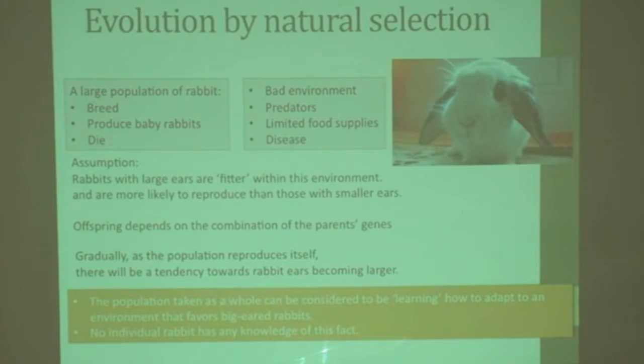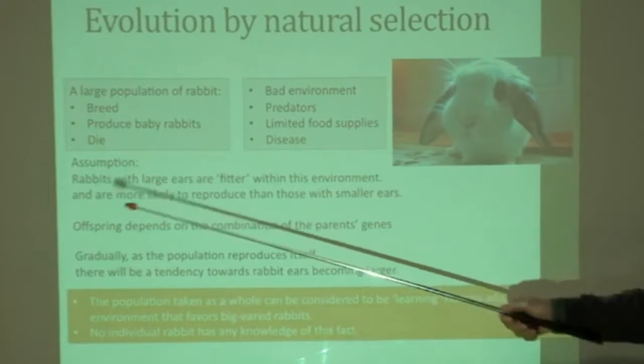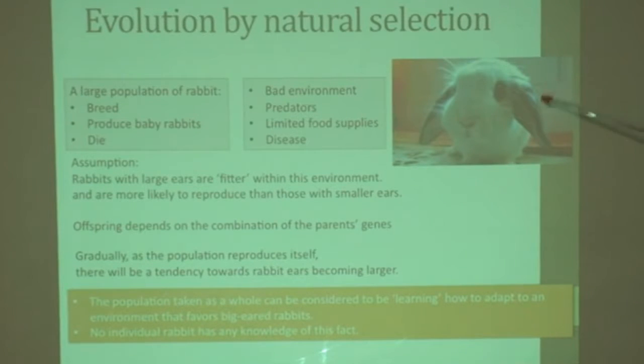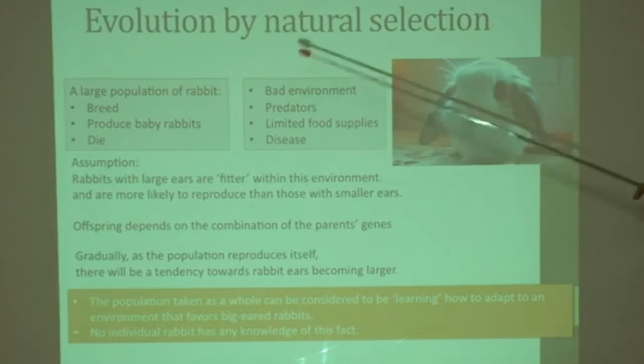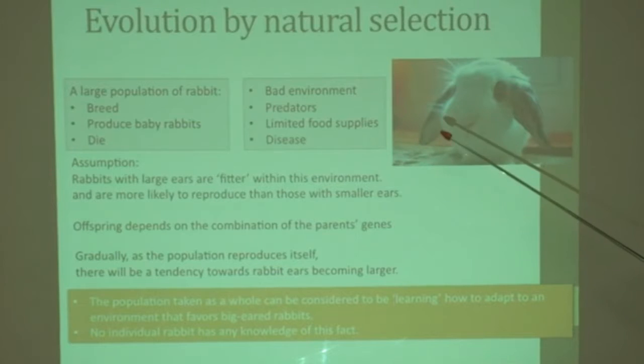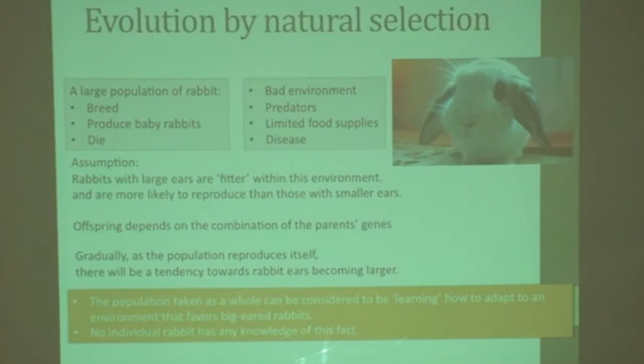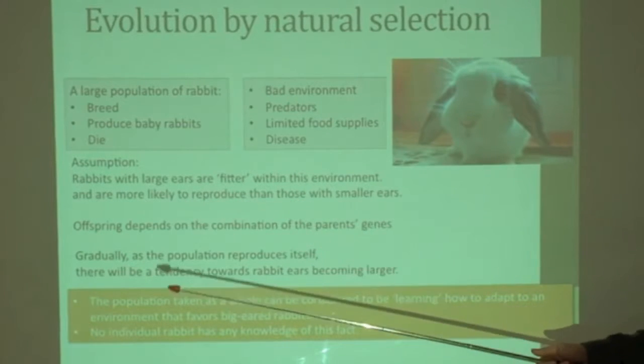We will assume that the rabbits with large ears, as in the picture, are favored in this kind of bad environment, and it is more possible for rabbits with big ears to reproduce than those with smaller ears.